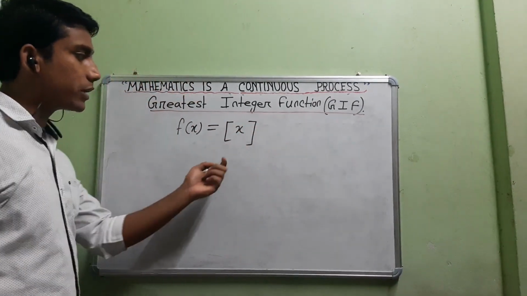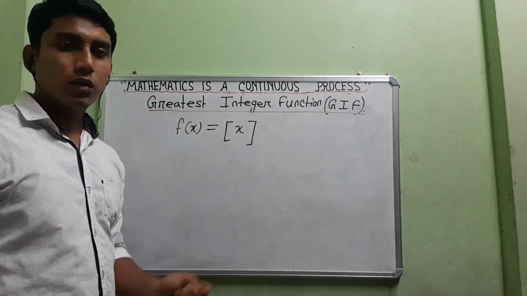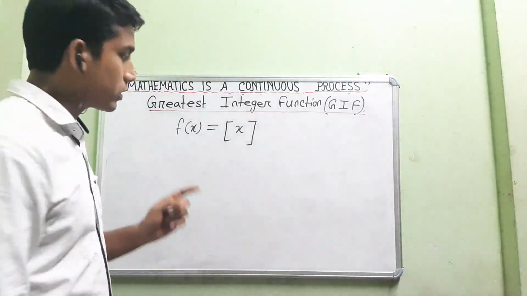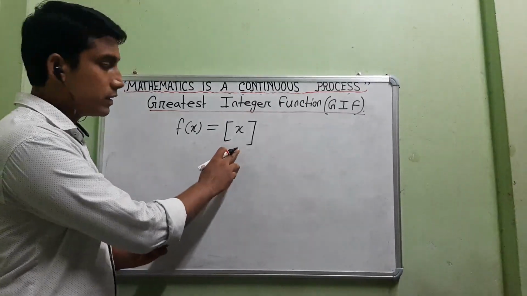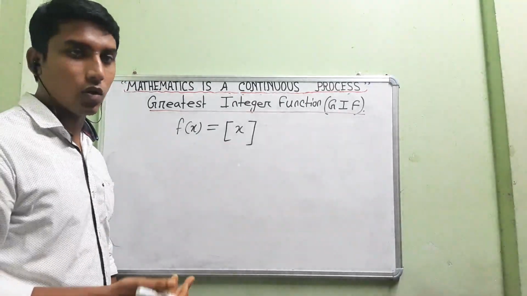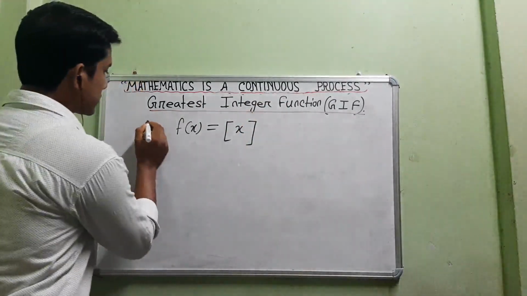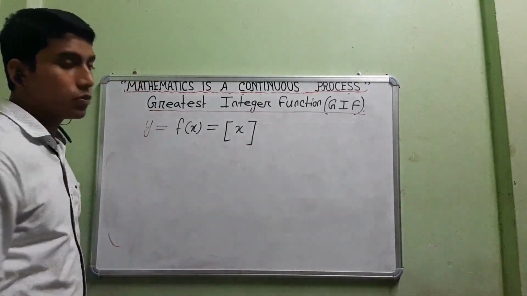In this kind of third bracket we write x, and we read it as box x. It is sometimes called the box function as well. Greatest integer function or box function. So y equal to f(x) equal to box x.